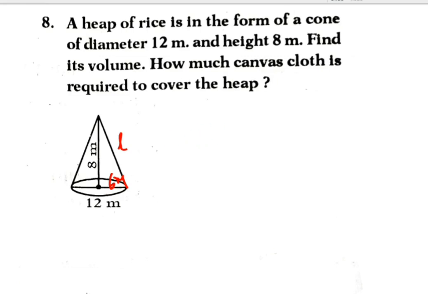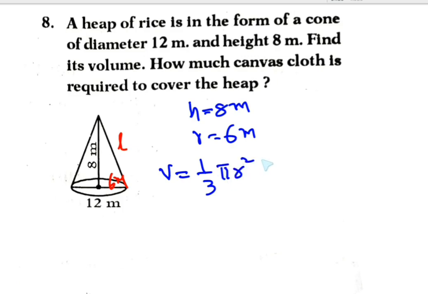The height of the cone is given. H is equal to 8 meters. R is equal to 6 meters. The volume of the cone V is equal to 1 by 3 pi r square h. This equals 1 by 3 into 22 by 7 into r square is 6 into 6 into h is equal to 8.